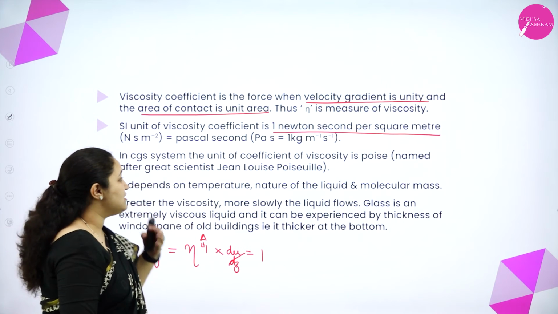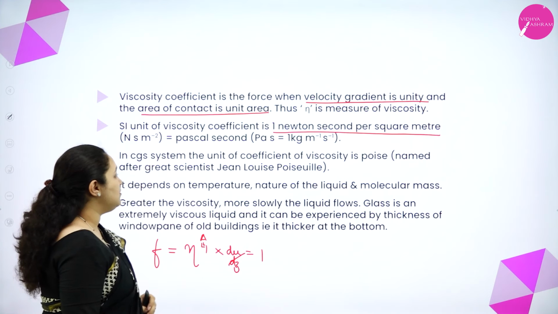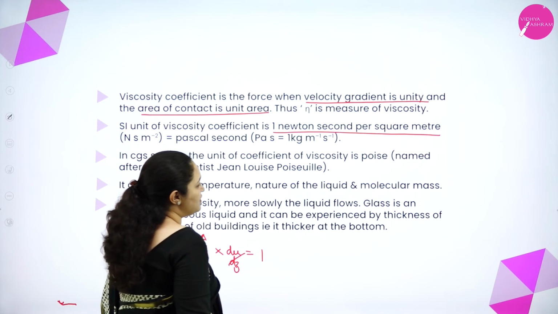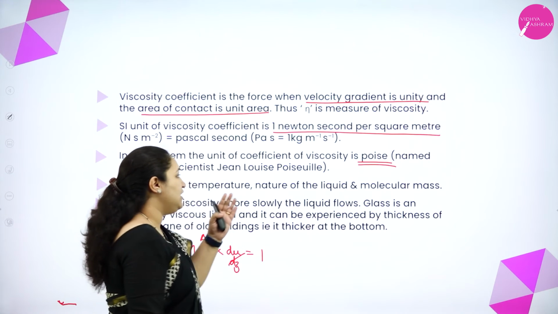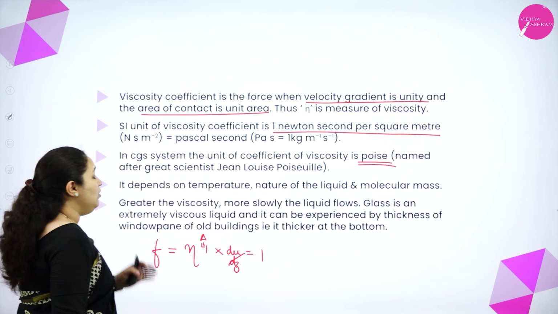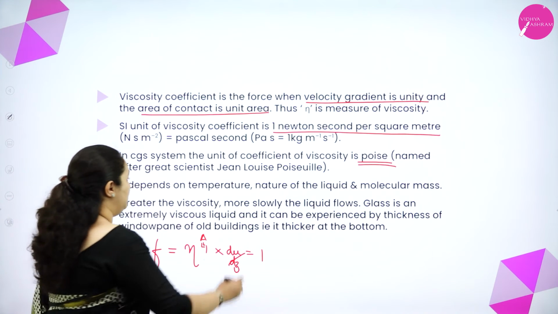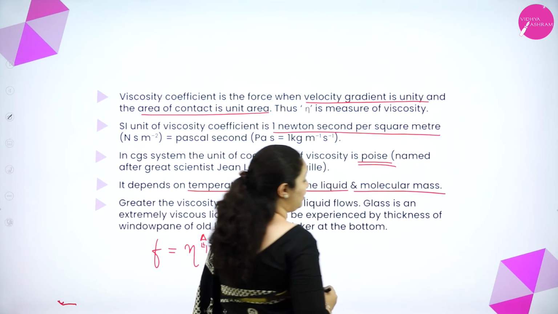These are different ways of giving the units. In the CGS system, the unit of the coefficient of viscosity is Poise, named after the scientist Jean-Louis Poiseuille.